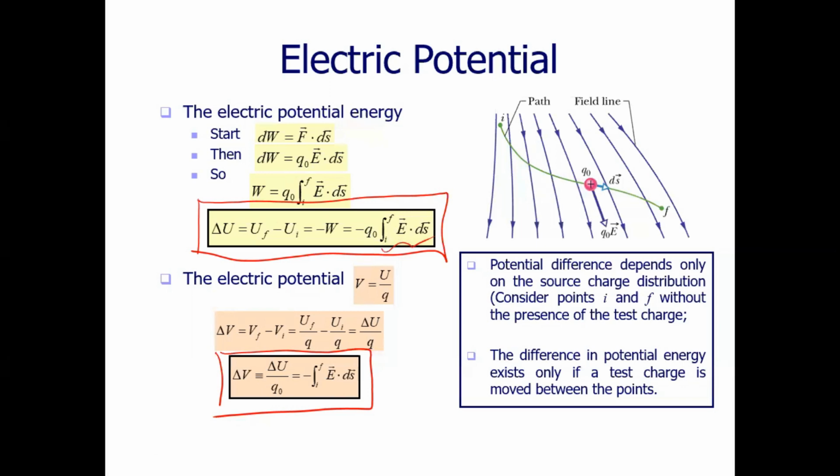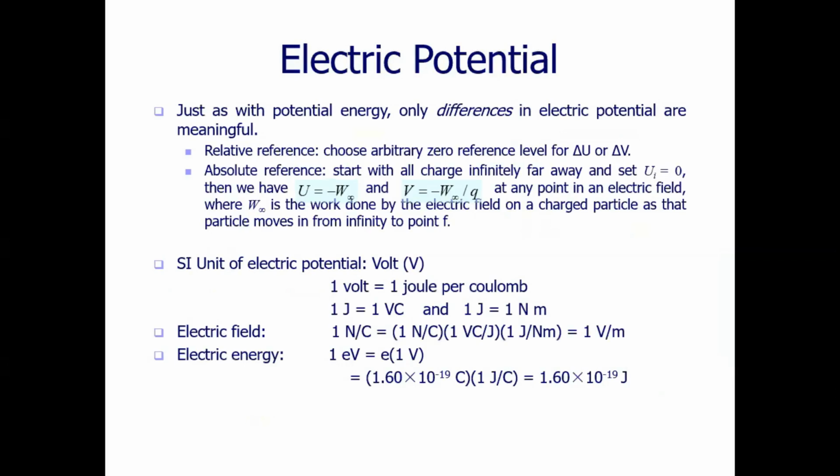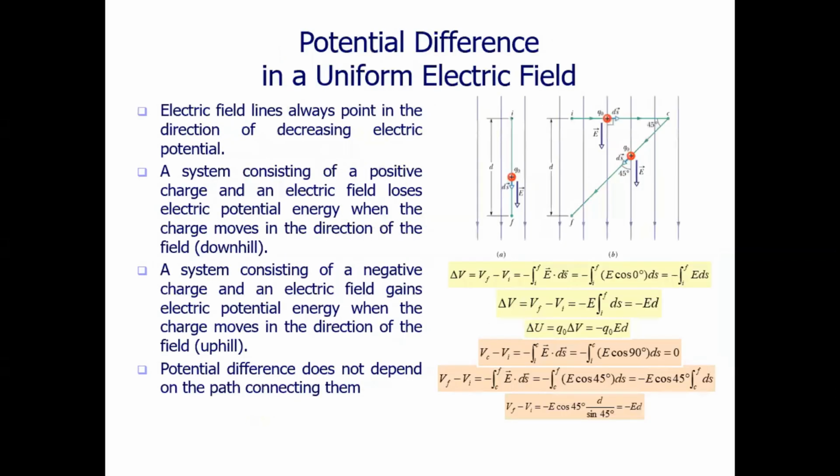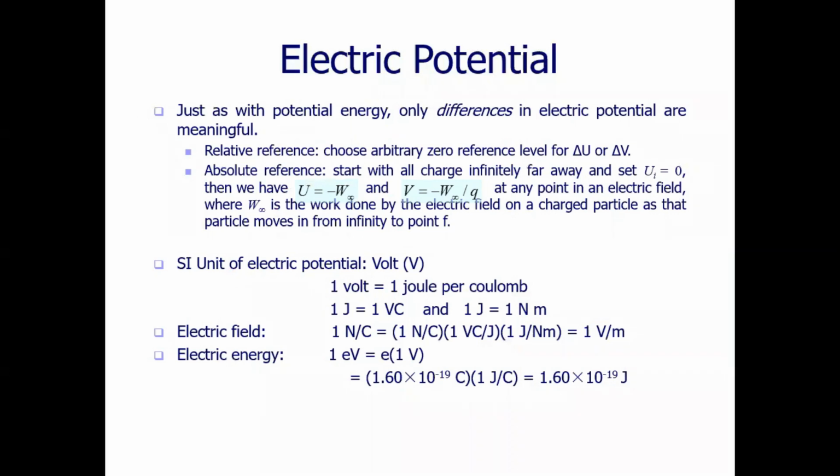Before we try to take up an example, let us say something. Just as with potential energy, only differences in electric potential are meaningful. So when we are talking about potential energy and potential, what we pay attention to is the difference.